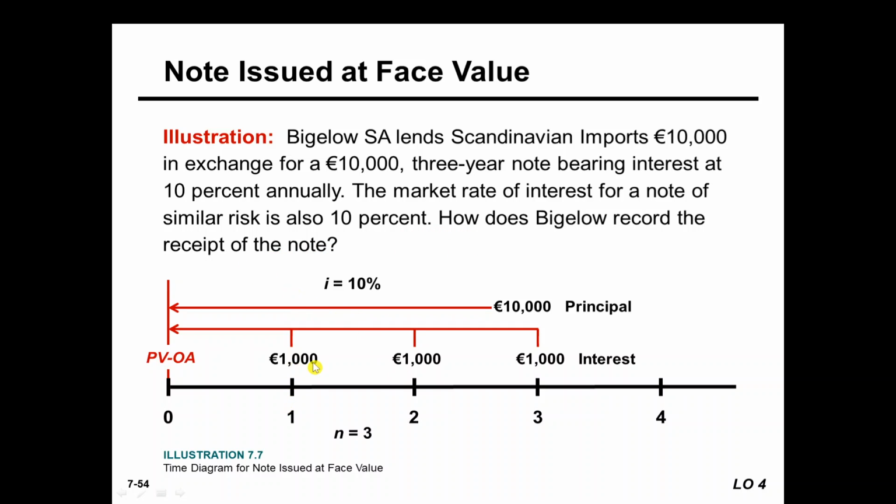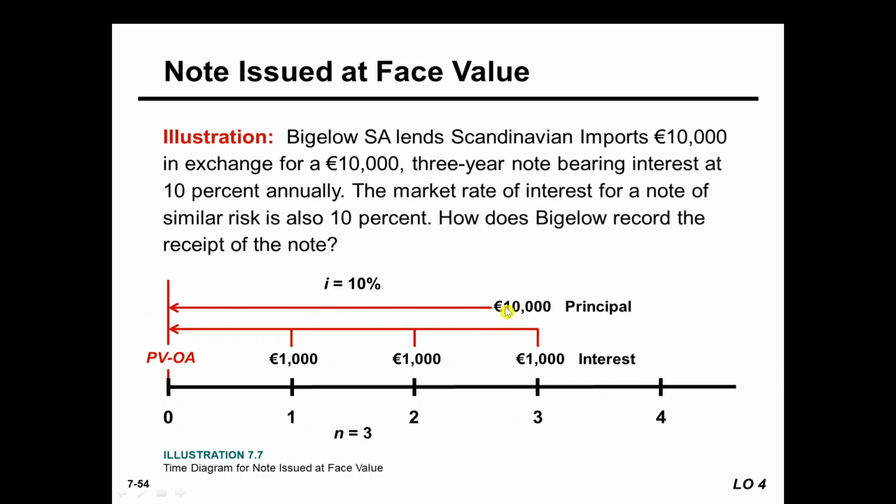Here there are two cash inflows that Bigelow will receive. The first one is the principal of 10,000 euros, which will be received at the end of the third year.